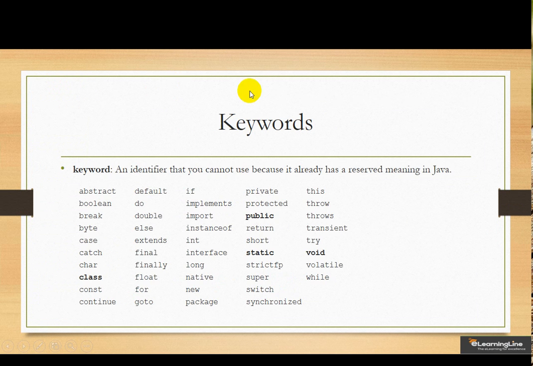Now, these are all the keywords that are identified. You cannot use these keywords for your class name or for your method names. These are identified as system defined keywords like abstract, boolean, break, byte, case, catch. All these things are system defined, and you are not allowed to use them.